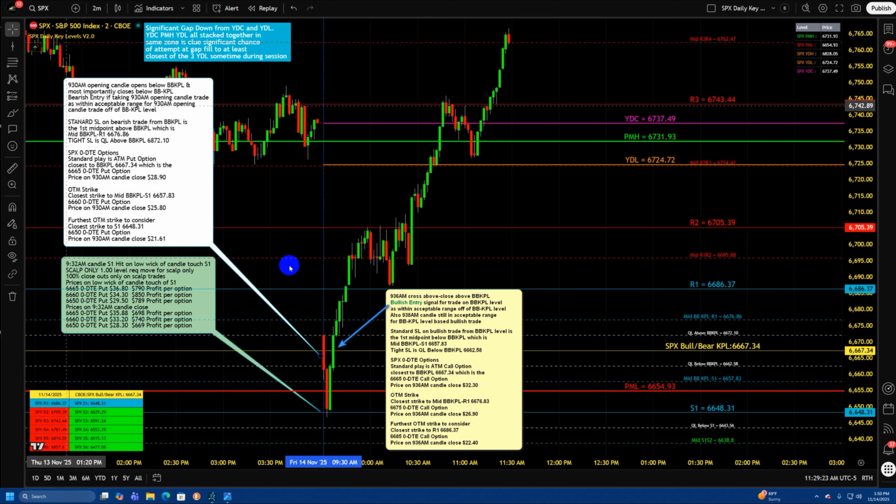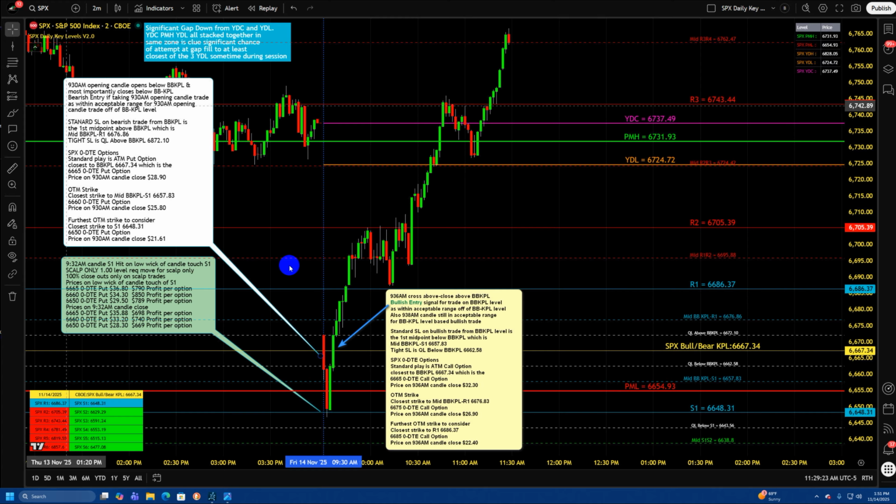Okay, so there are two different types of trades you can take with this indicator. One is a scalp trade. The other is what we term a regular trade. A scalp trade with this indicator, you're looking for a one level move in your favor for a 100% closeout, no matter how many contracts you're trading.